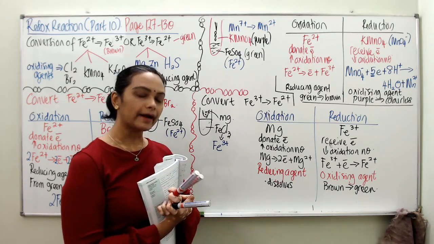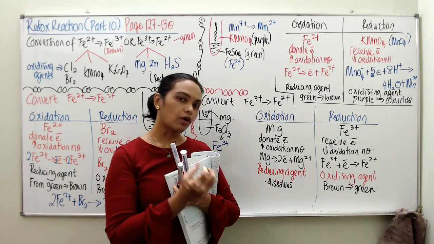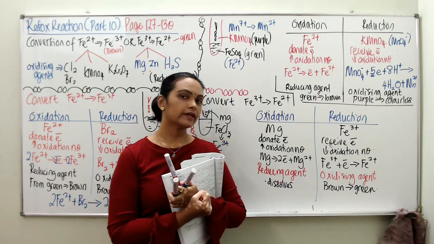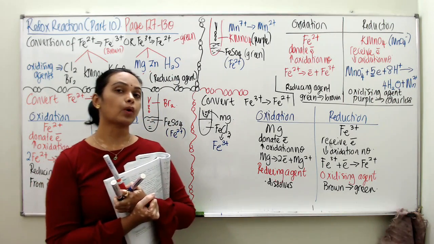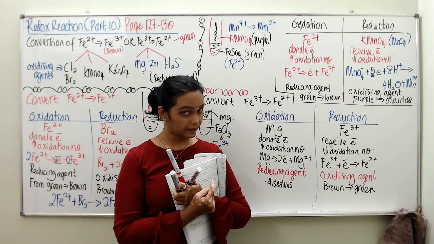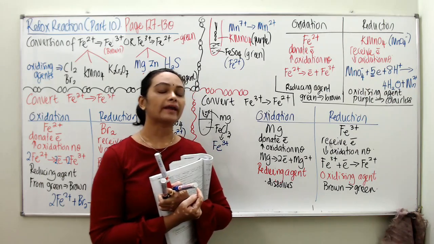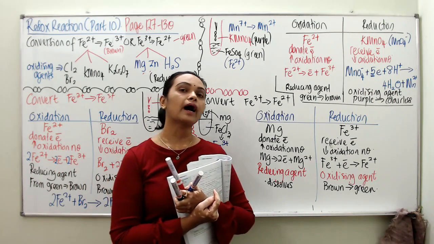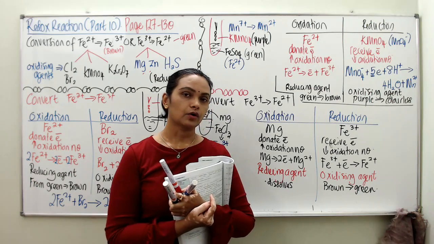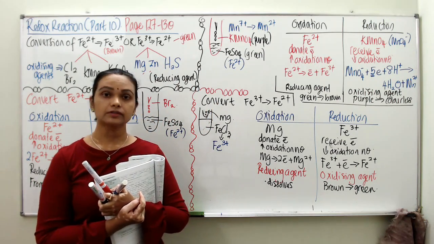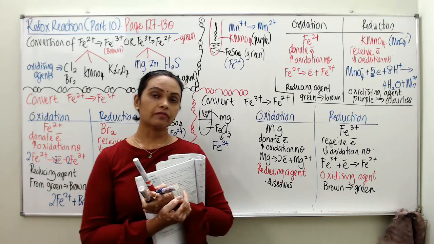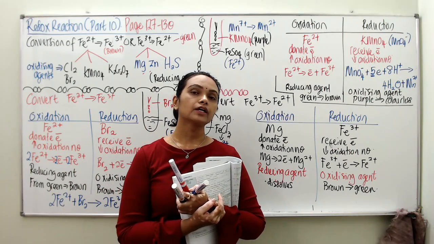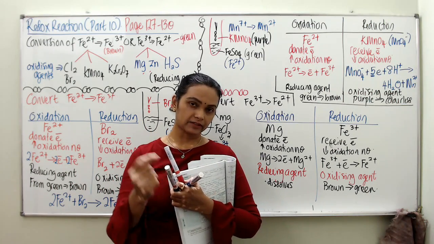To further confirm the production of iron 2 ion and iron 3 ion, you can add a bit of sodium hydroxide. From Form 4 Chapter 8, the salt chapter, sodium hydroxide is used in excess.